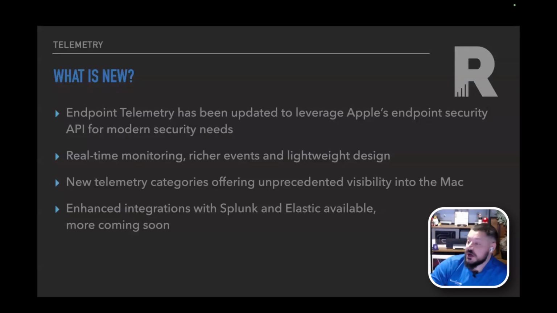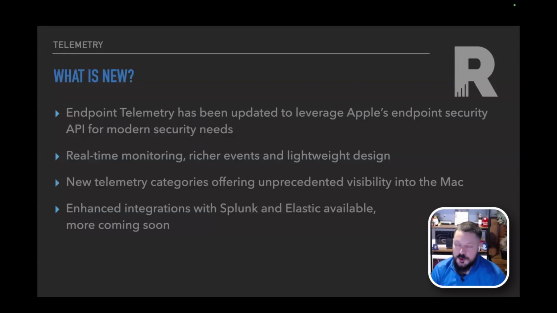Yep. So I just shared into the chat our resource link because there is some telemetry documentation I listed there that's really important. It's going to go over the new telemetry categories, the event categories, and the enhanced integrations, and you have to sign in to use it, so you can't actually just Google this information for one of the links. So you'll see the Jamf Protect data model documentation.